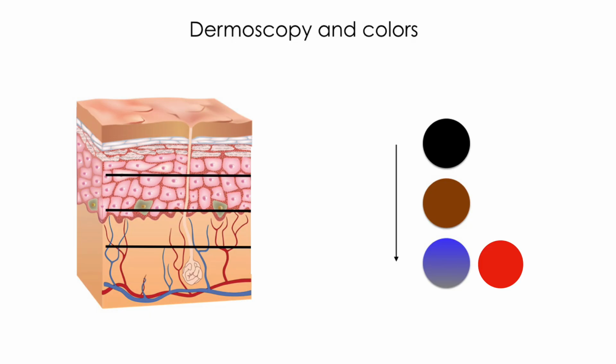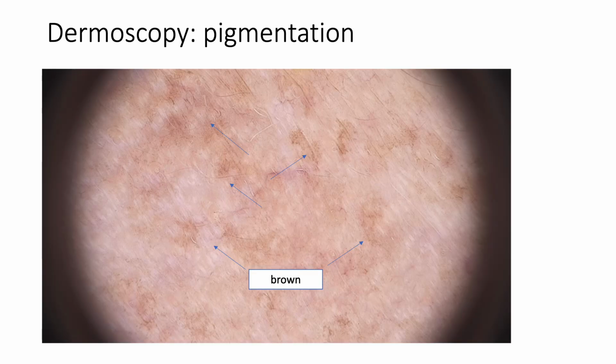When it is located at the junction, it is brown. And when it is deeper at the dermal level, we can see it as grayish or bluish. And another thing that we can observe with dermoscopy, and we already mentioned that, is represented by vessels. But let's move to some example.